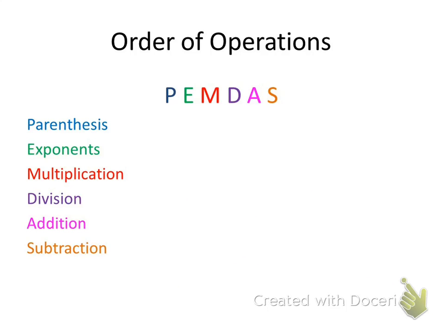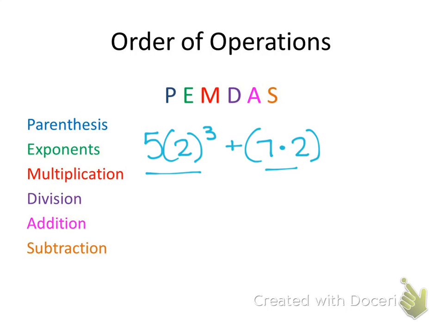So the first step in order of operations is parentheses. Now this first step is where most mistakes are made. It's a very careless mistake, something really easy to fix, but people look at problems like this and they go, okay, parentheses, that's going to be 10 parentheses.